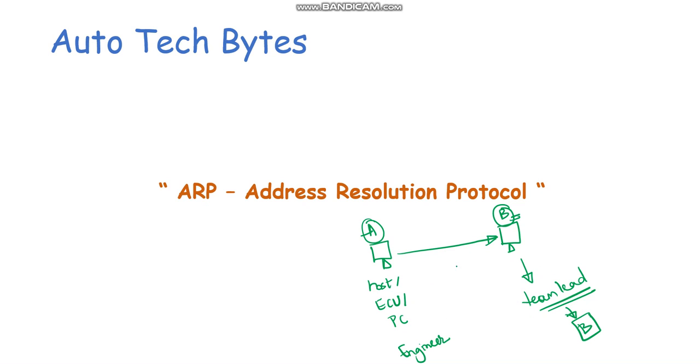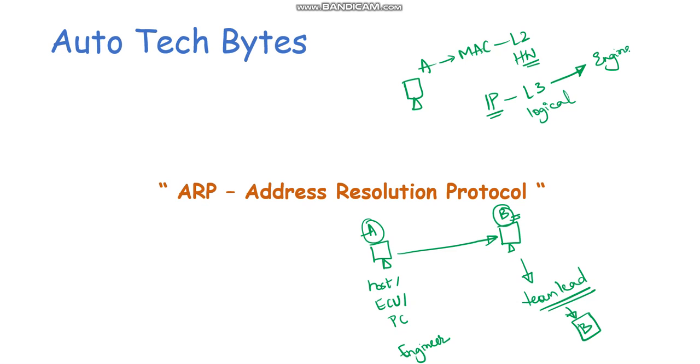If we correlate this to a network, we know that A has a MAC address at layer 2, which is called the hardware address. It also has an IP at layer 3, which is a logical address. Now we can assume this IP address to be the designation of the person and the MAC to be the name of the person.